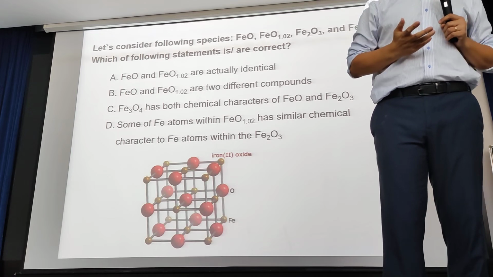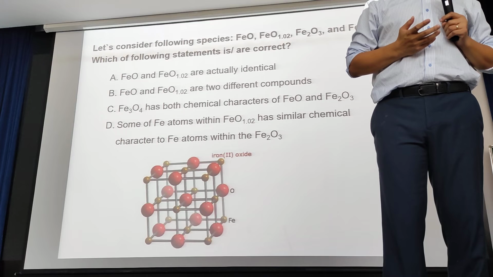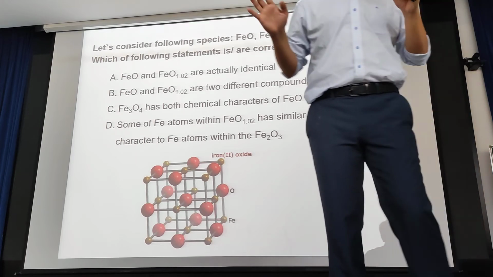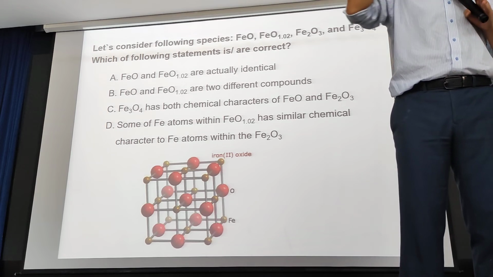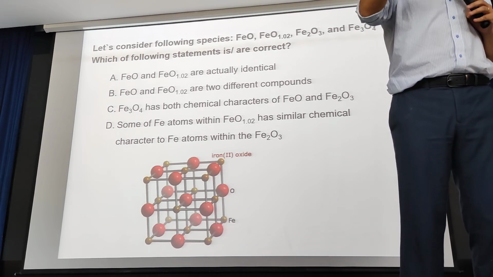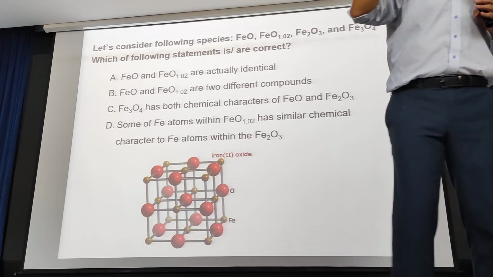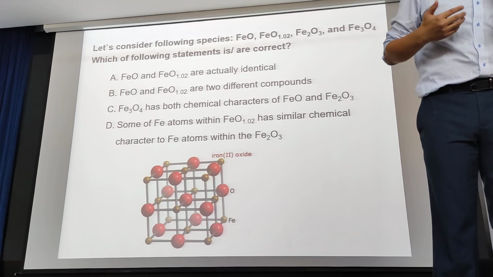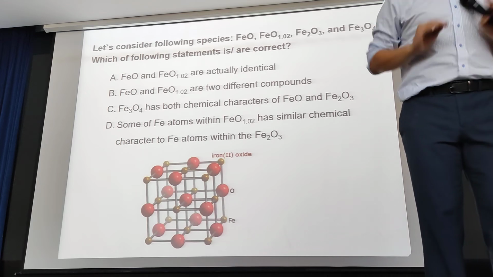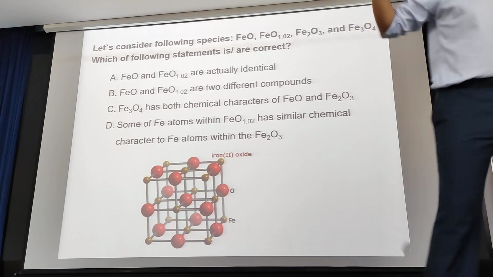So what is the problem? You understand my point, right? If some iron oxidizes to become 3, the positive charge becomes in excess. So to balance it, you need to invite some oxygen from somewhere. Okay, I understand? But where can the excess oxygen be put in this structure?